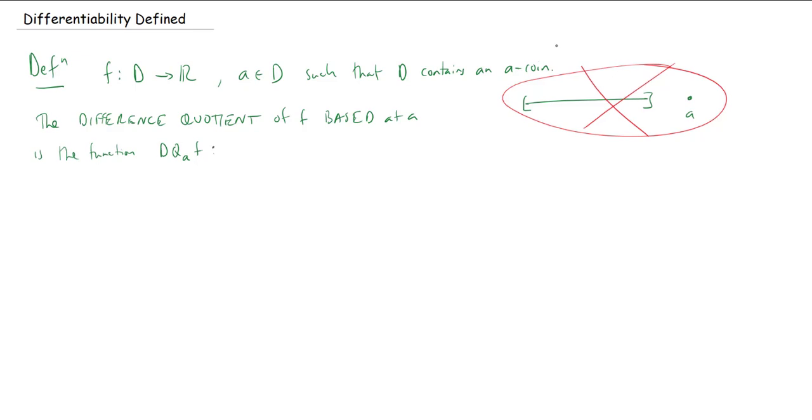Okay, so difference quotient of f. This is going to be some function defined on D, but not at A itself. Okay, and you'll see why in a moment.